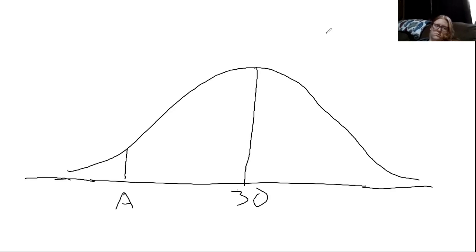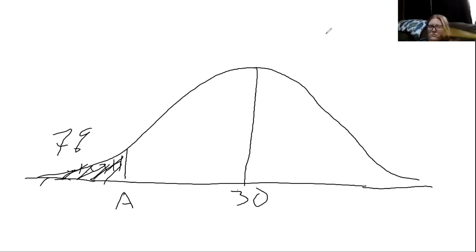The company does not want to refund more than 7%, so 7% is this area. The probability that a computer will go bad within the guarantee period is 7%. That's the meaning of that question. What should be A?